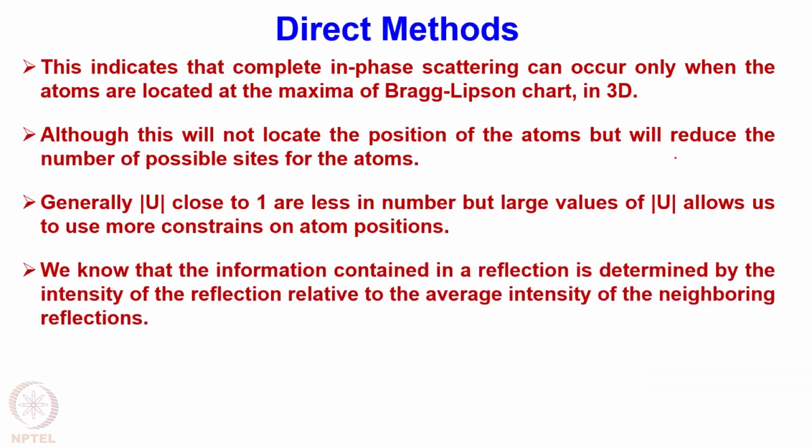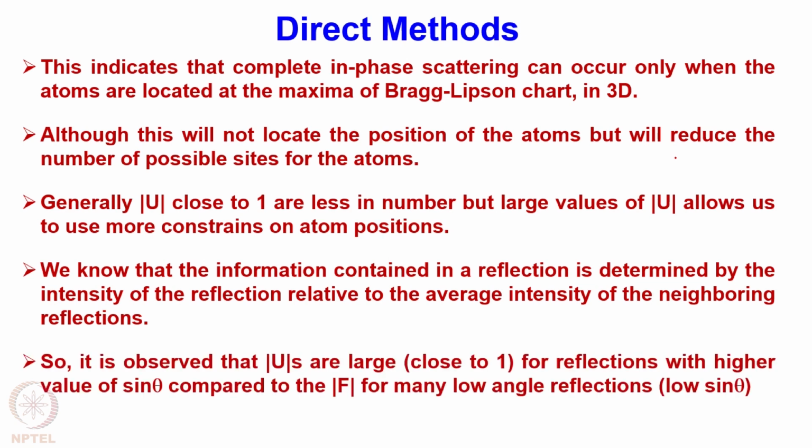We know that the information contained in a reflection is determined by the intensity of the reflection relative to the average intensity of neighboring reflections. So it is obvious that U's are large, close to 1, for reflections with higher value of sin theta compared to F for many low angle reflections with low sin theta.